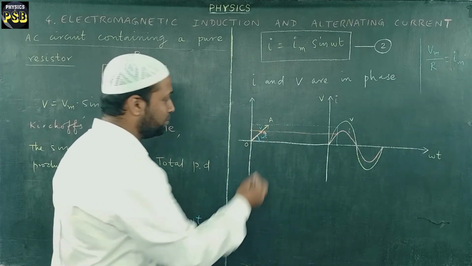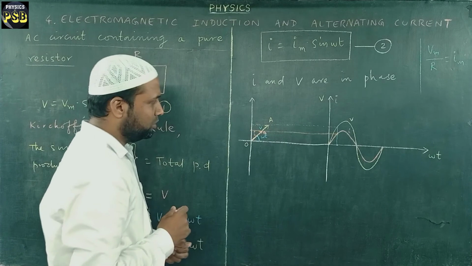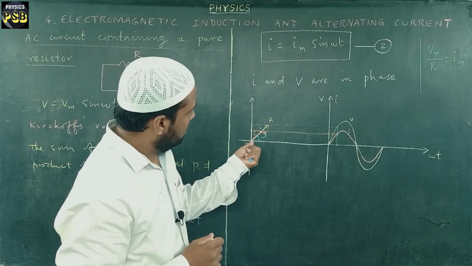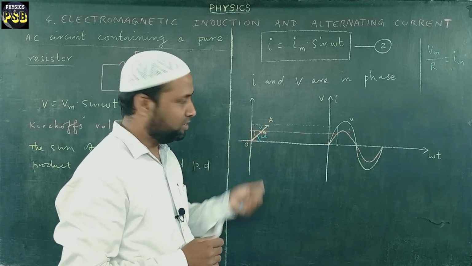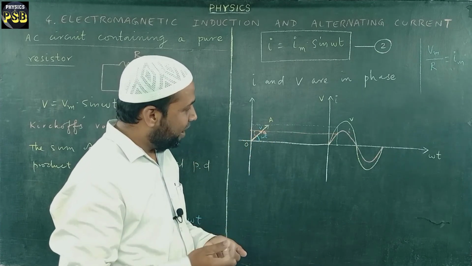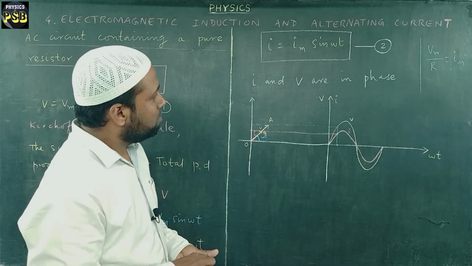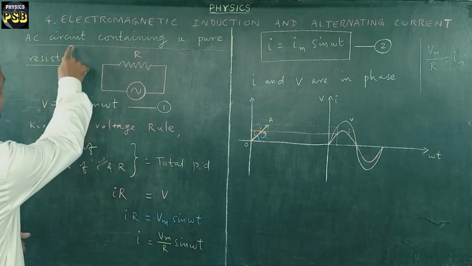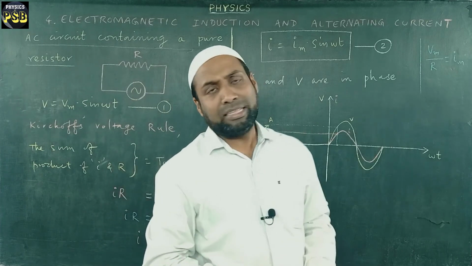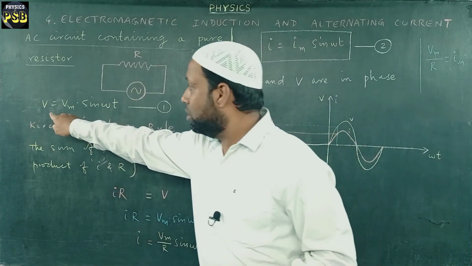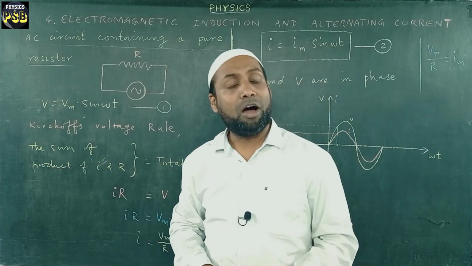This phasor represents the current I. It also makes the same angle. So this shows that the phasors I and V are in phase. So they vary simultaneously. In case of an AC circuit containing a pure resistor, the instantaneous value of alternating voltage and alternating current are in phase.